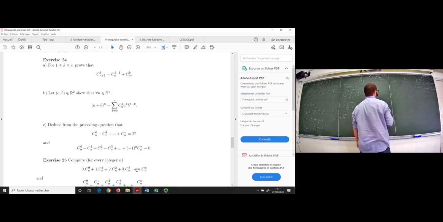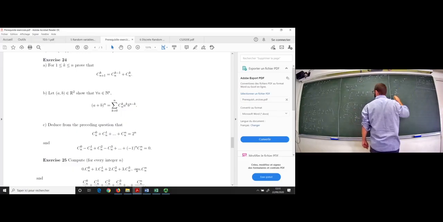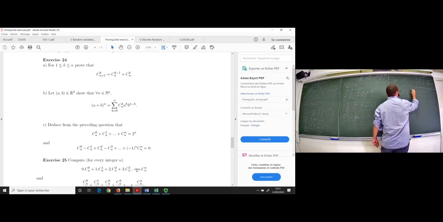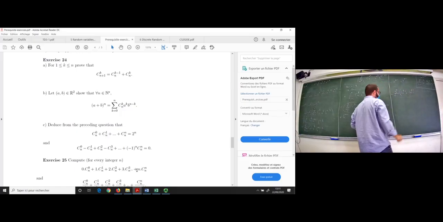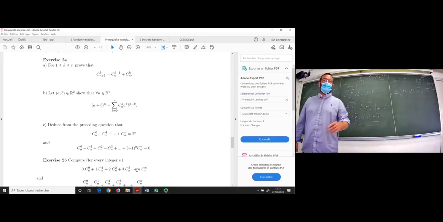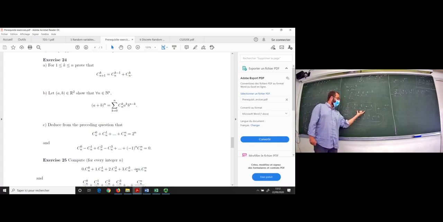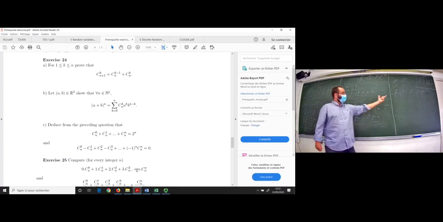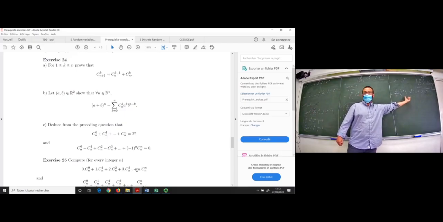Plus the sum from k equal to 1 to n of c n, k minus 1, plus c n k, factor of a to the k, b to the n plus 1 minus k. Do you agree? I just regroup these two sums into a single one, writing a single sum with this one plus this one inside. That is exactly what I have written here, putting what they have in common into factor.